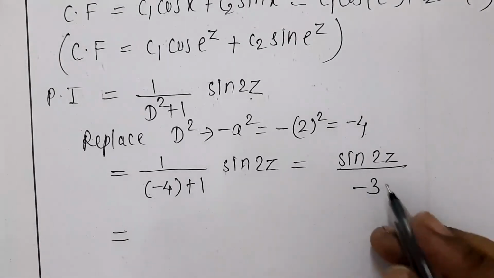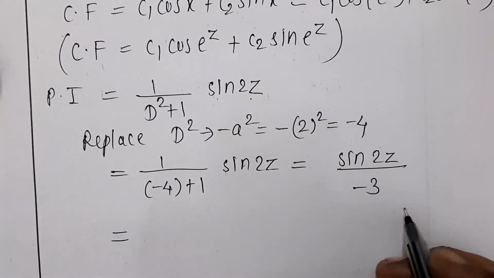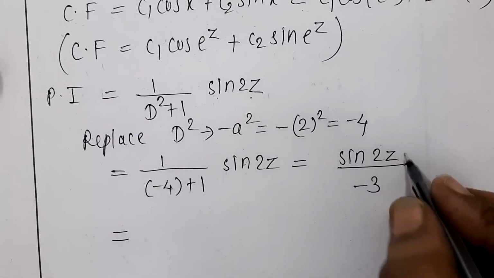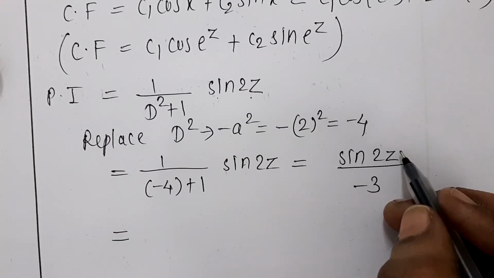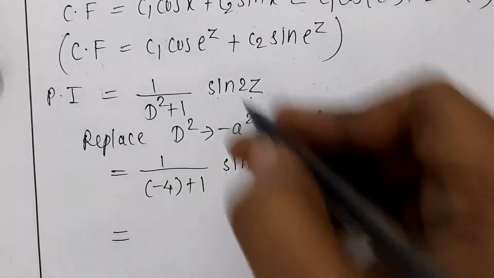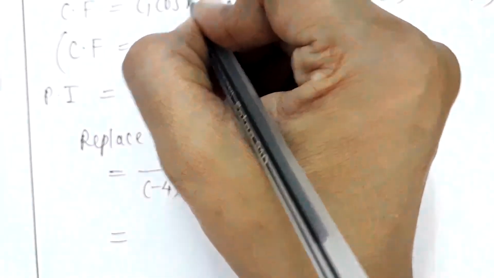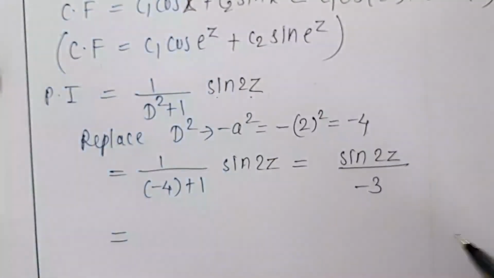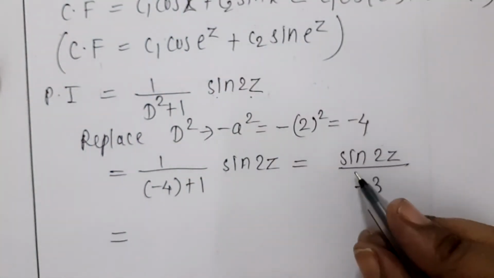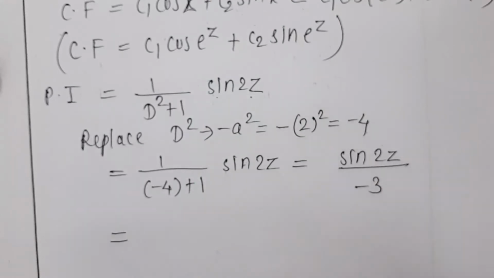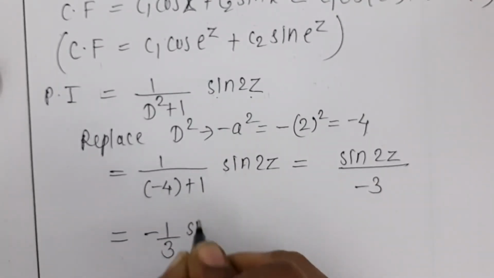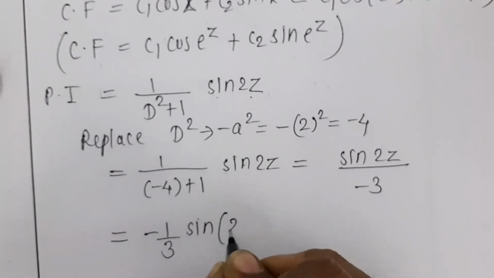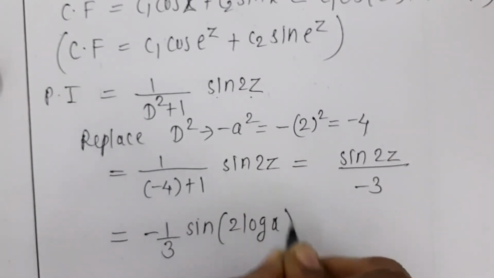Now sine 2z by minus 3, but here we obtained it in terms of z. So PI is minus sine 2z by 3, where z is equal to log x, that is minus 1 by 3 times sine of 2 times log of x.